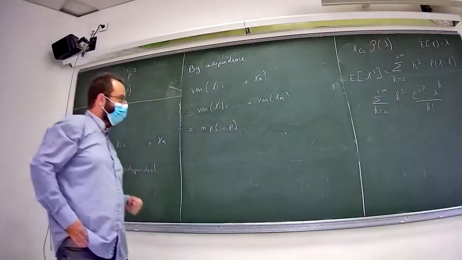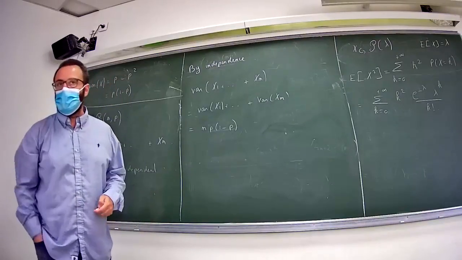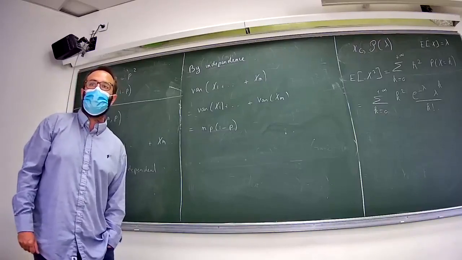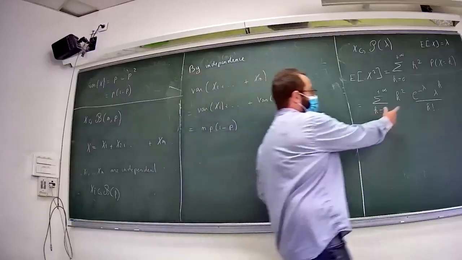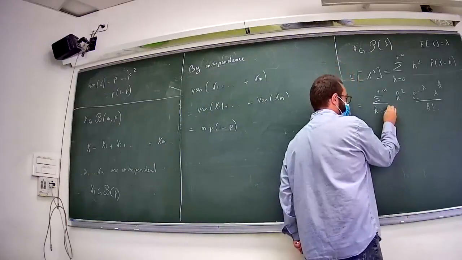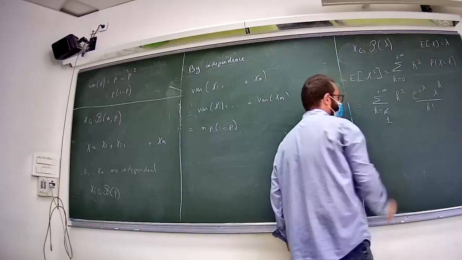And I can remark that my sum in fact starts at 1, because the term for k equal to 0 is 0. If you plug 0 here, you obtain 0 because you have k squared here.